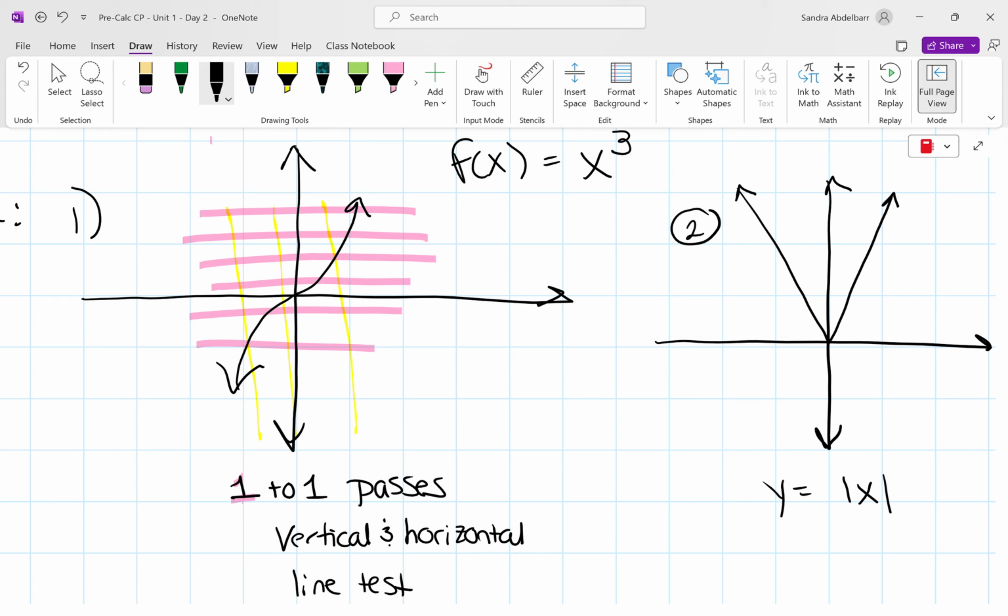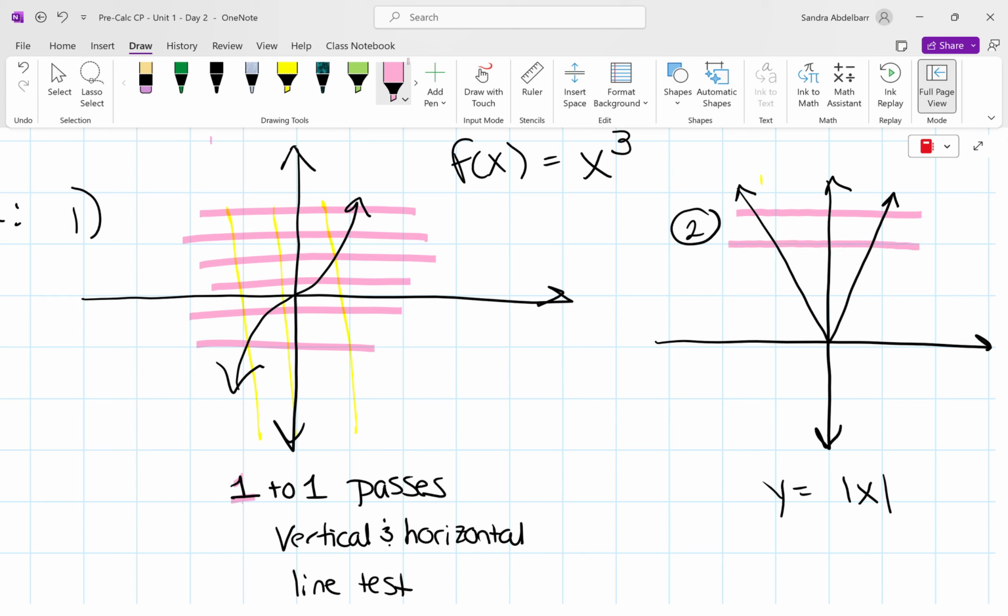I'll give you all a second to catch up. All right, how many people say yes, it passes the vertical line test? Good, it absolutely passes the vertical line test. So that means it's a function.